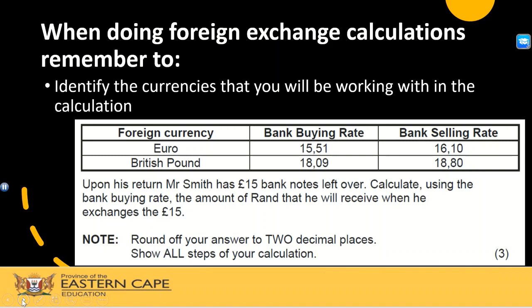The instruction given is: calculate using the bank buying rate the amount of rand that he will receive when he exchanges the £15. All of your questions will have the instruction given at the bottom. Round off your answer to 2 decimal places and show all steps of your calculation.